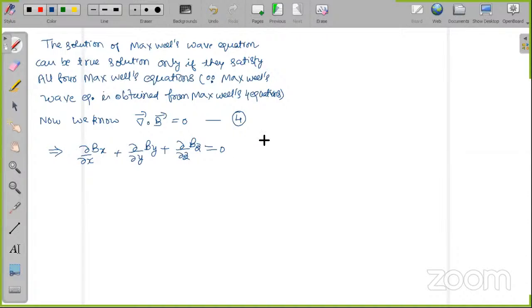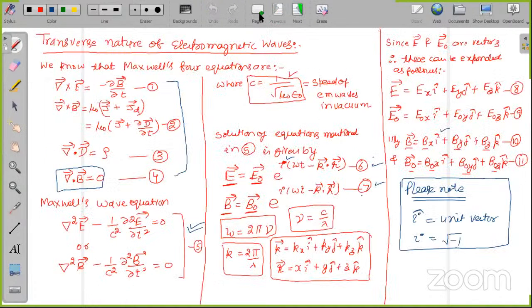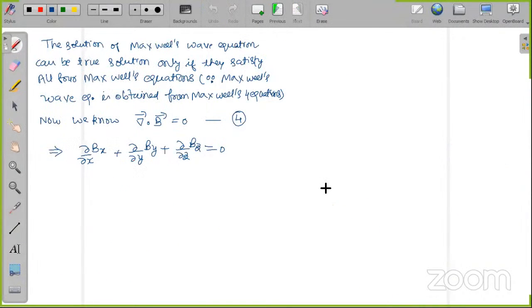Would you agree? Yes, sir. And this will be equation number 12 for me.